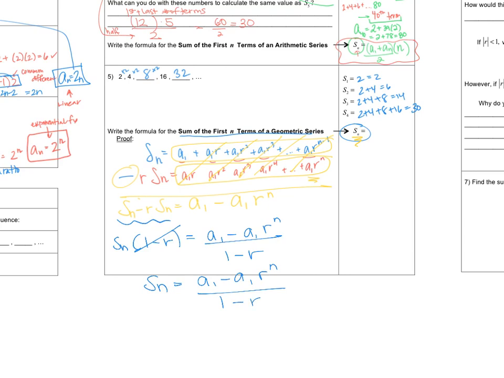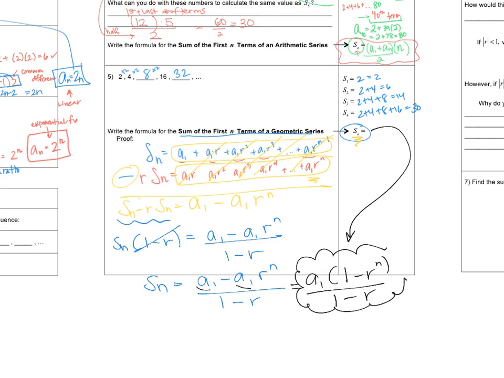But even better than that, sometimes what we'll see is that they take the a1 out. So a1 factored out would be 1 minus r to the n all over 1 minus r. And so that is the formula for the sum of the first n terms of a geometric sequence.